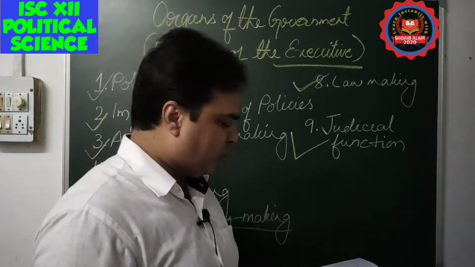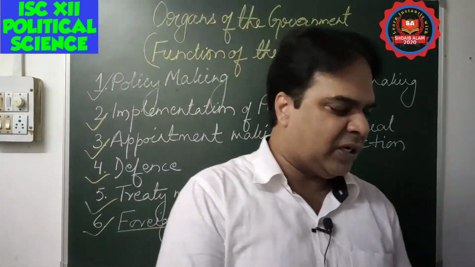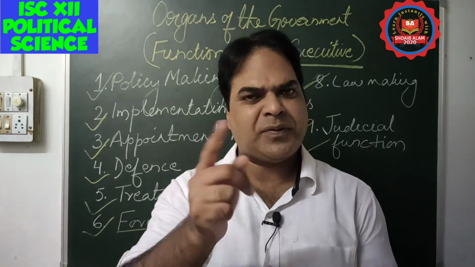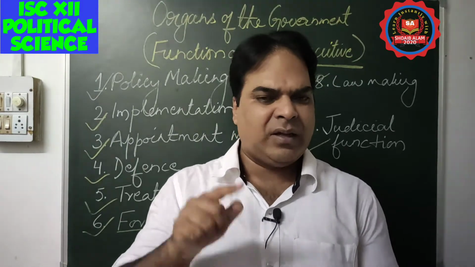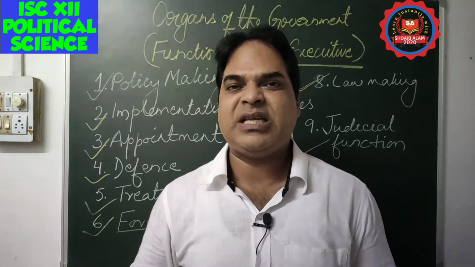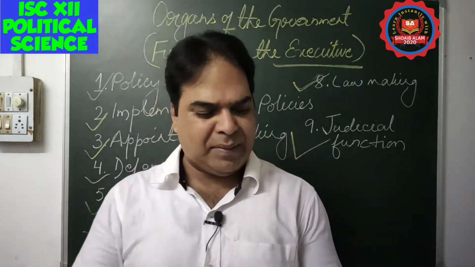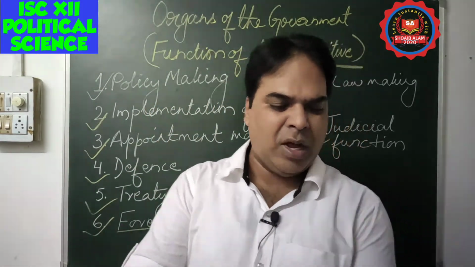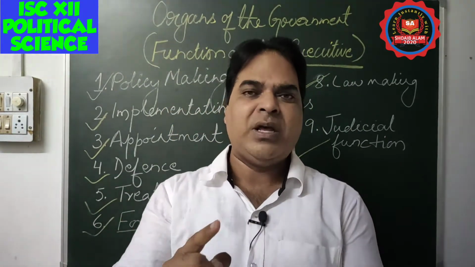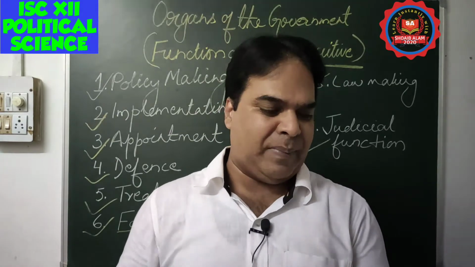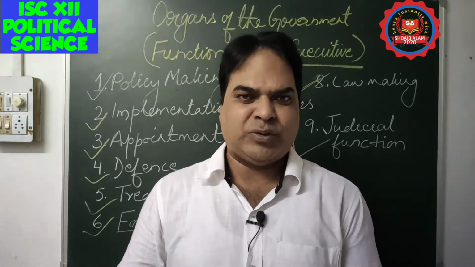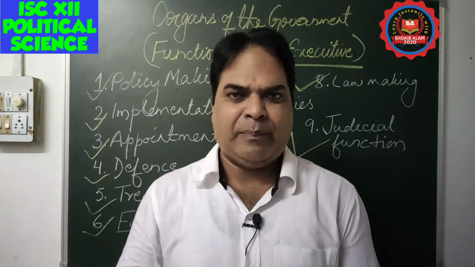So next one we have is the judicial function, like the appointment of judges. In a parliamentary system, those judges are appointed by the president, but in actual terms, the decision is made by the real executive, that is the prime minister and the council of ministers. The appointment of judges by the executive is regarded as a sound method which can ensure independence of the judiciary.